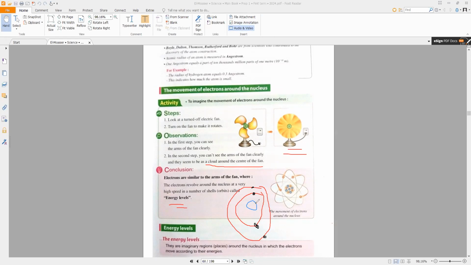The electrons revolve around the nucleus in fixed orbits called energy levels at very high speed, and you can't know the place of the electrons clearly. So the movement of electrons around the nucleus is like the movement of the arms around its center.